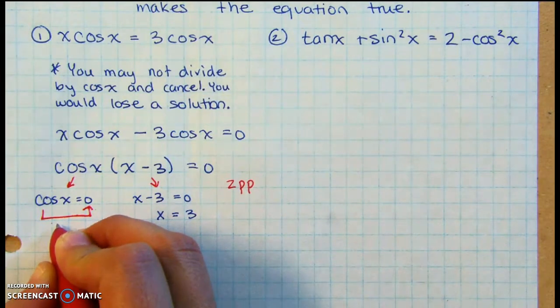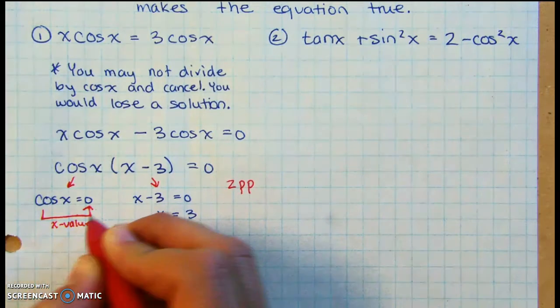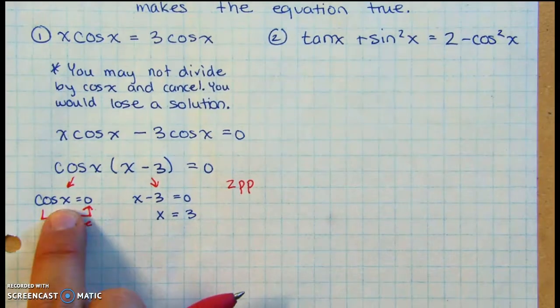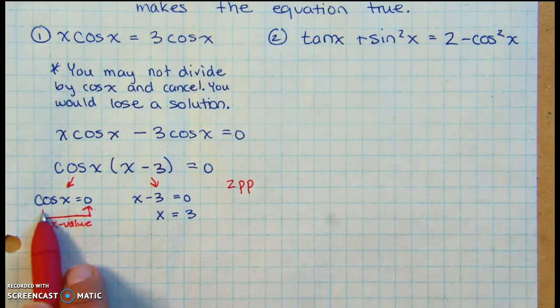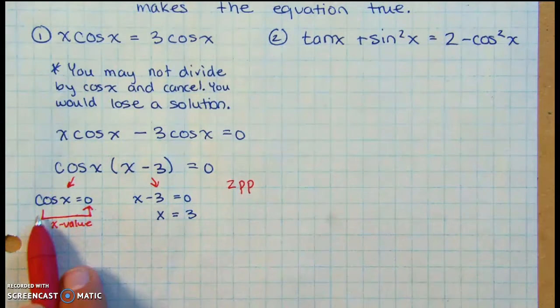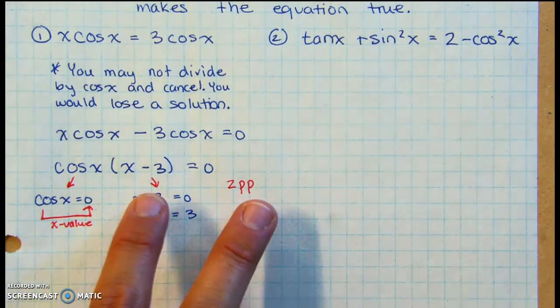It's the x value. Now, this should be a little confusing because we're looking for an x value, but then this is also x. This shouldn't be x, this should be theta. I don't really like that part of this worksheet. So where on the unit circle is the x value 0? You need to think of the 2 radians.